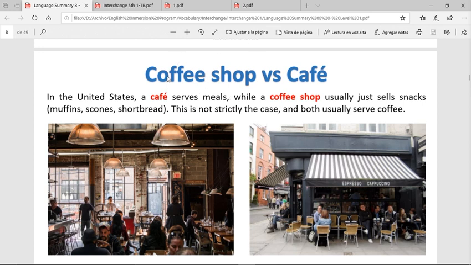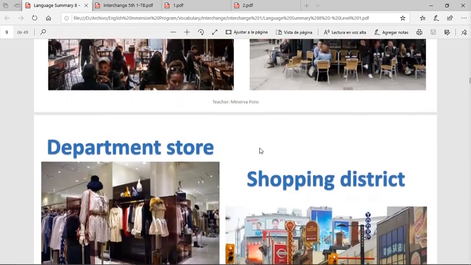And here we have the difference between a coffee shop and a cafe, basically. A cafe serves meals, a coffee shop usually just sells snacks. At a coffee shop, you go there to drink coffee, and maybe if you're a little bit hungry, you can eat a muffin, a cookie, some bread, something like that. But a cafe, they both serve coffee, yes, but they also serve meals. Like if you want to eat some pasta or maybe a hamburger or something like that, they might give it to you. And they both usually serve coffee.